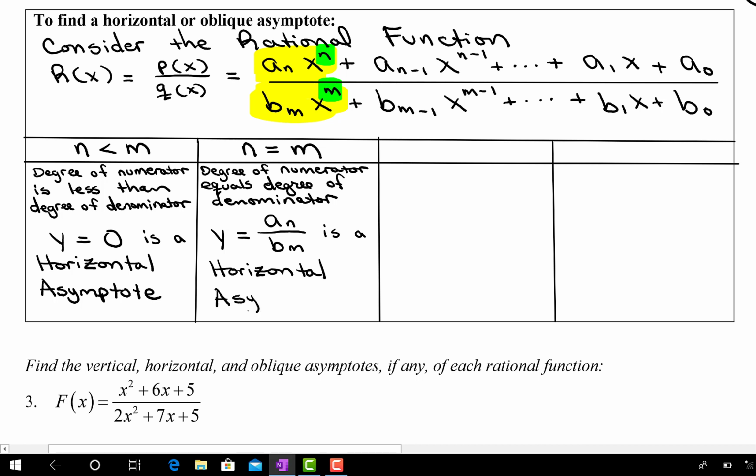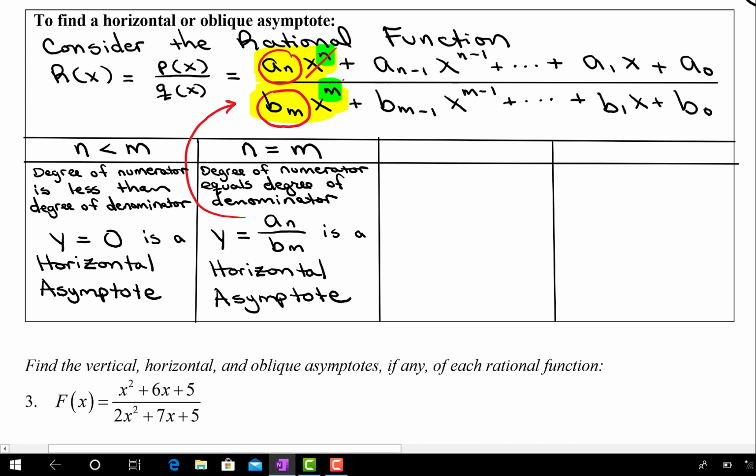The coefficients, you're basically taking the coefficient of that leading term, and that's going to be your new numerator for this horizontal asymptote. And you're taking the coefficient of the leading term for the denominator, and that's going to be the denominator of this horizontal asymptote.